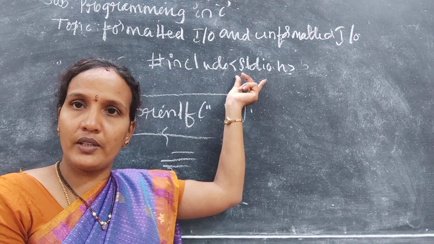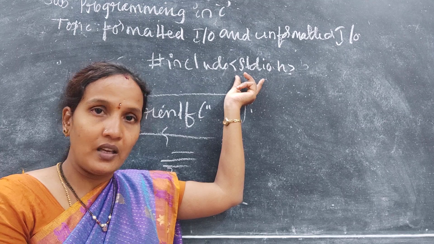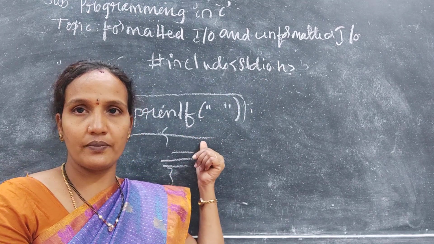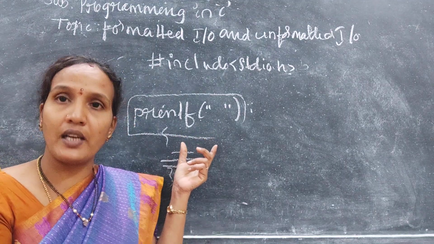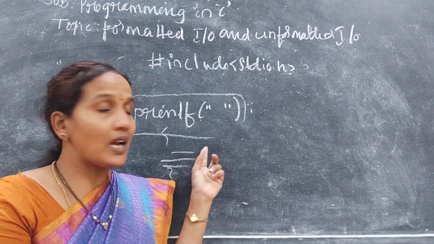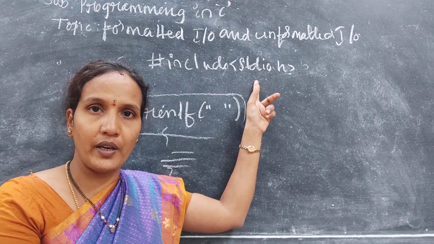If you don't include this in your program as the first line, you cannot use the printf function. In order to execute this function, whatever instructions are needed are all stored in the standard input and output header file only.